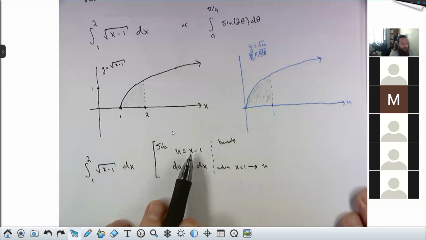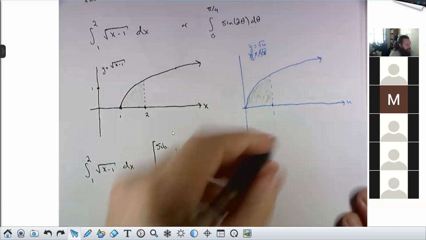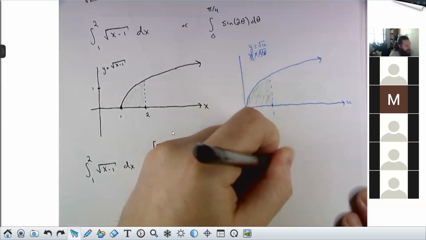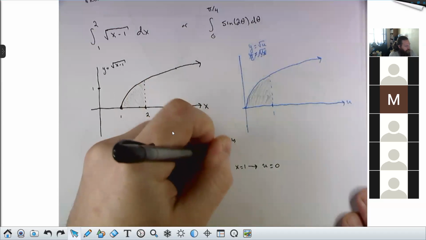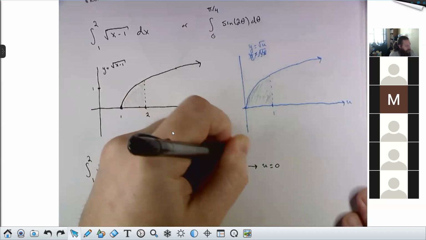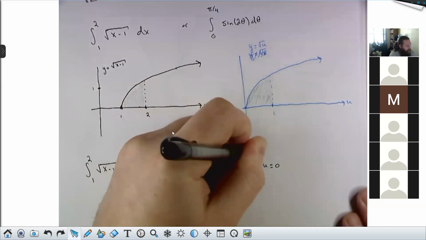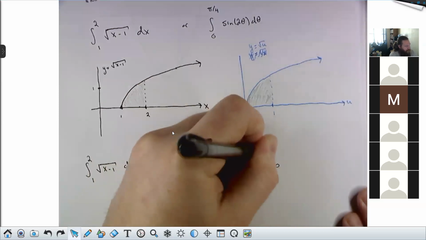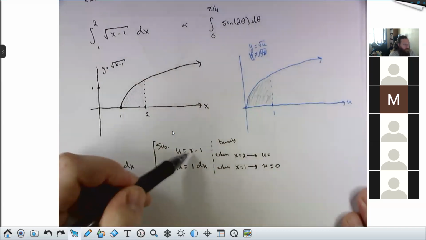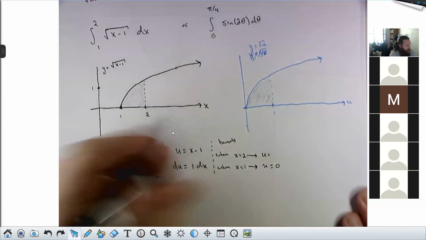If I plug 1 in for x here, then u would be 1 minus 1, which is 0. And when x is equal to 2, u would be equal to 2 minus 1, which is 1.